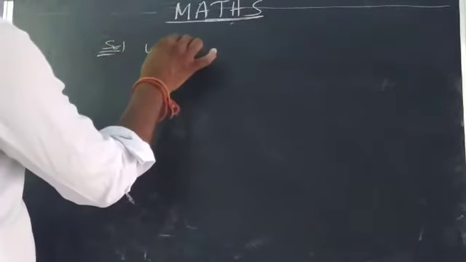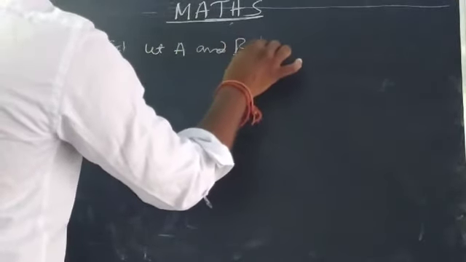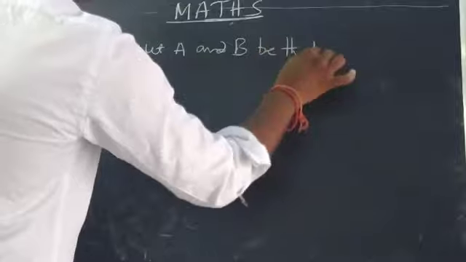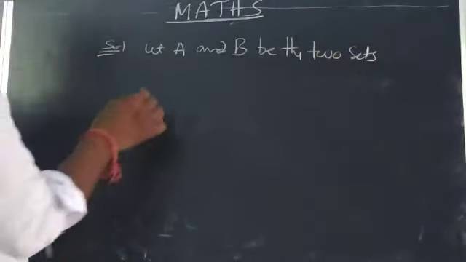Let A and B be the two sets. I have taken the two sets as A and B. What is given?